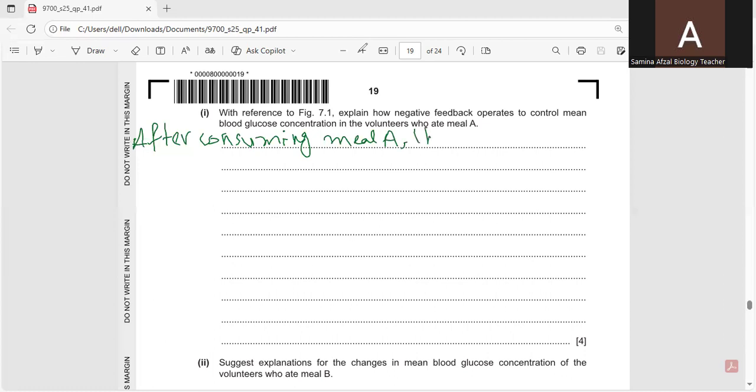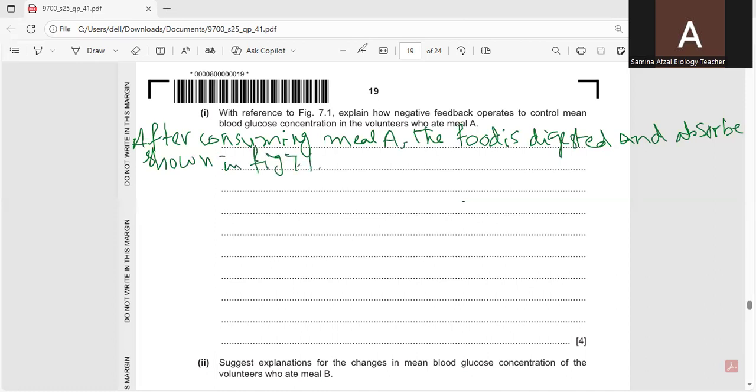the food is digested and absorbed, as shown in figure 7.1.